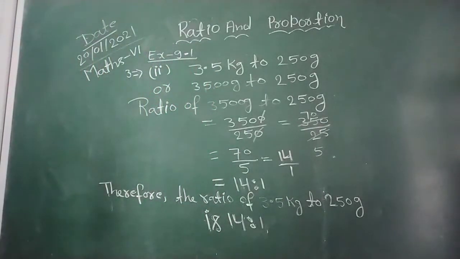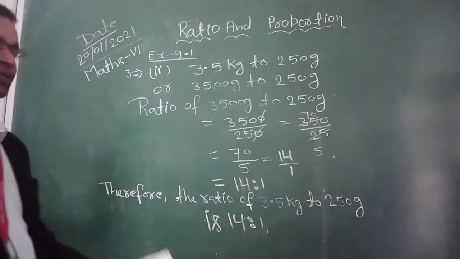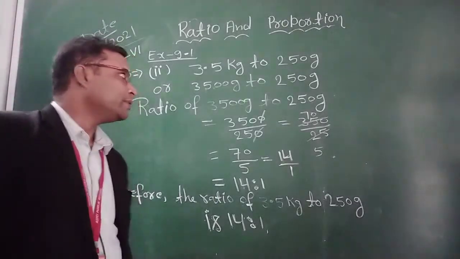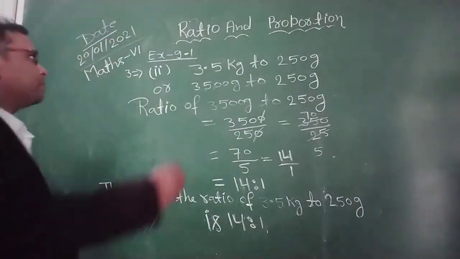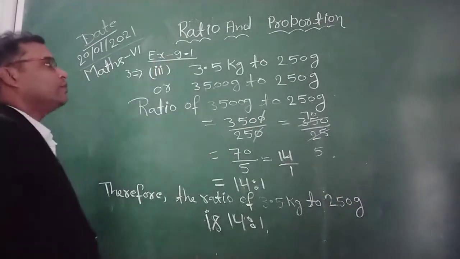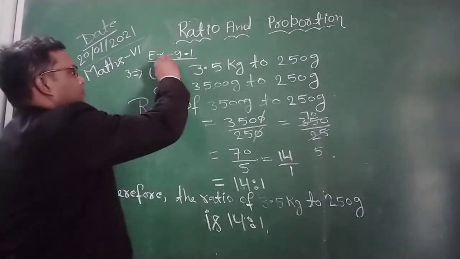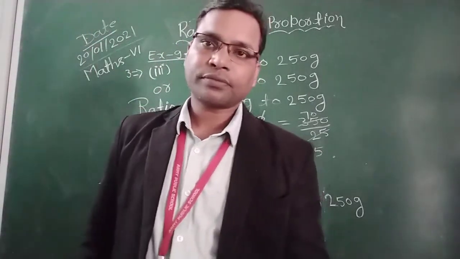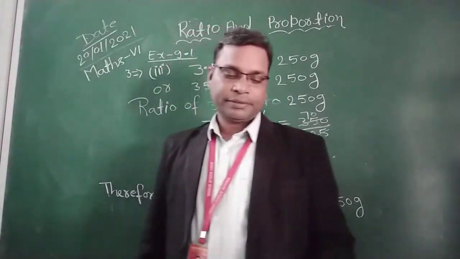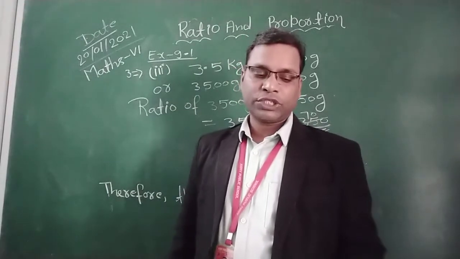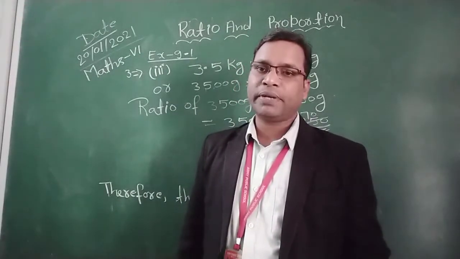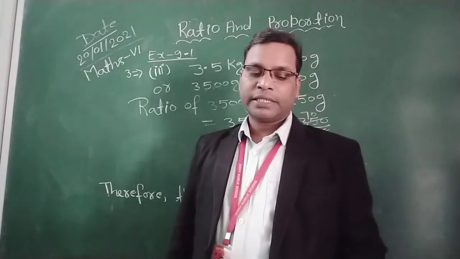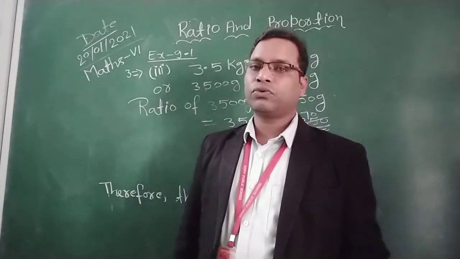So student, I hope all of you understood these questions. Now we are going to discuss the next question. This was the third part, and now we are going to discuss the fourth part of question number 3. Find the ratio of the following in the simplest form: 60 paise to 4 rupees.